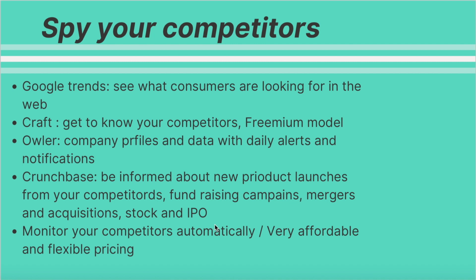So if you have a name, for example, of one of your competitors, you can go there. Of course they are not all registered there, but most of them are. You can look for them, and you will also get new competitors that you have to keep in your vision.